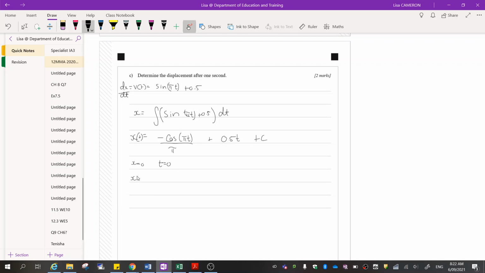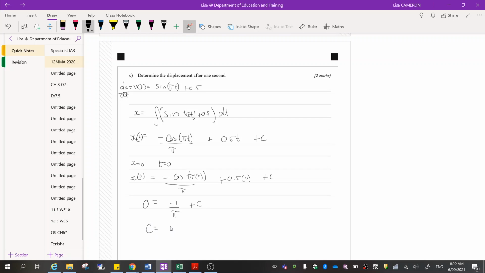So x of 0 is equal to minus cos pi times 0 divided by pi plus 0.5 times 0 plus the constant. Now, cos of 0 is 1. So this is like minus 1 over pi. This part will turn out to be 0. We know that when t is initially 0, x is equal to 0, so it's equal to 0 there, plus c.